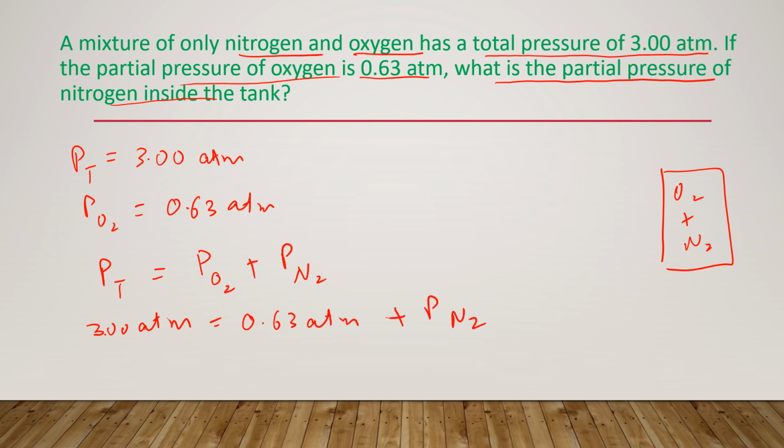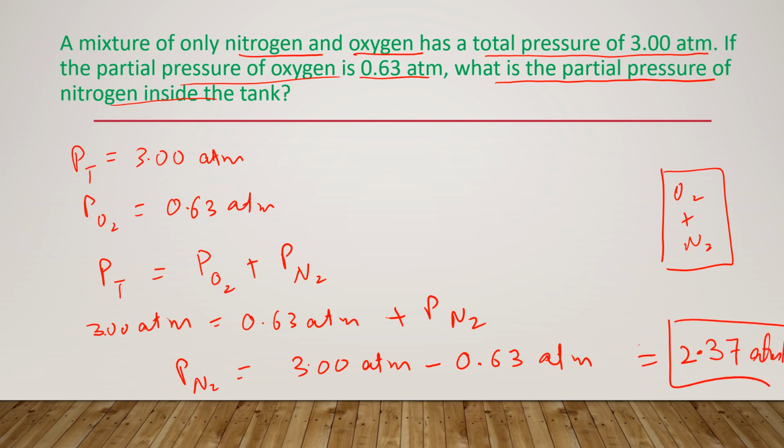If we reshuffle this equation, P nitrogen will be equal to 3.00 atm minus 0.63 atm, and this comes out to be 2.37 atm. So that's how we can calculate the partial pressure of the other gas as long as we know the total pressure and the partial pressure of oxygen.